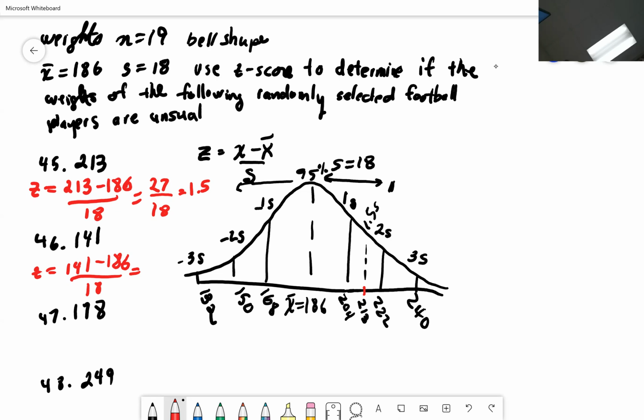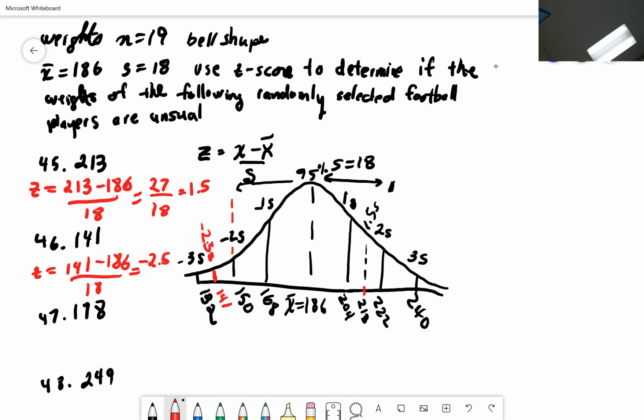That's negative 2.5. So that 141 is going to be somewhere around here, and that's negative 2.5s. That is unusual.